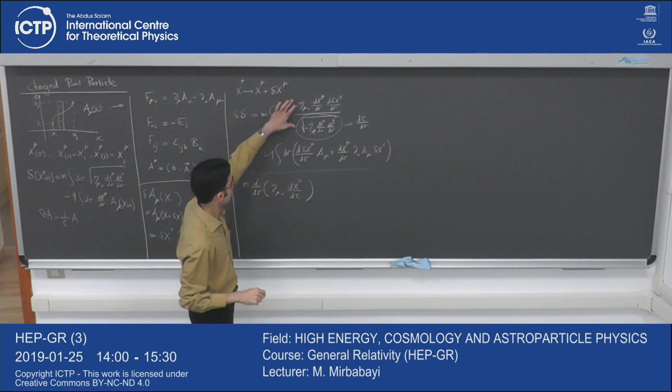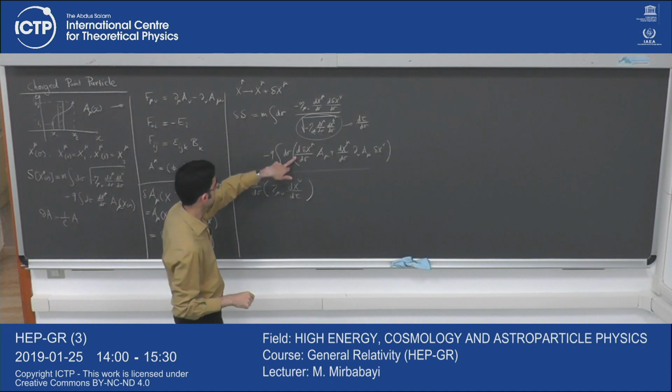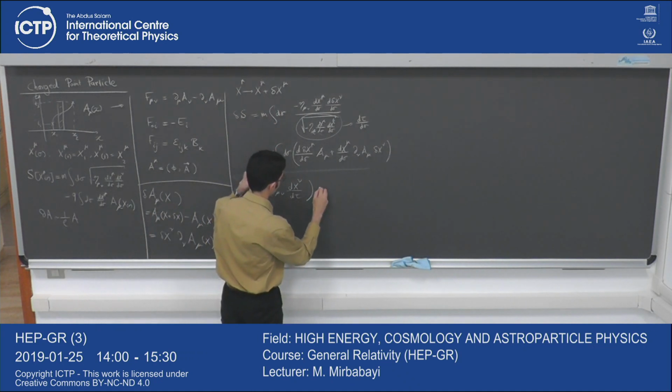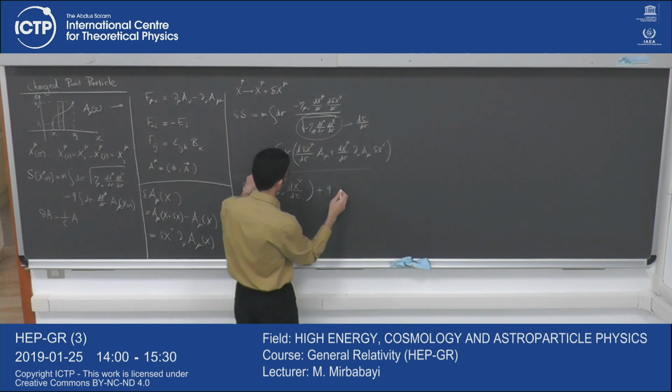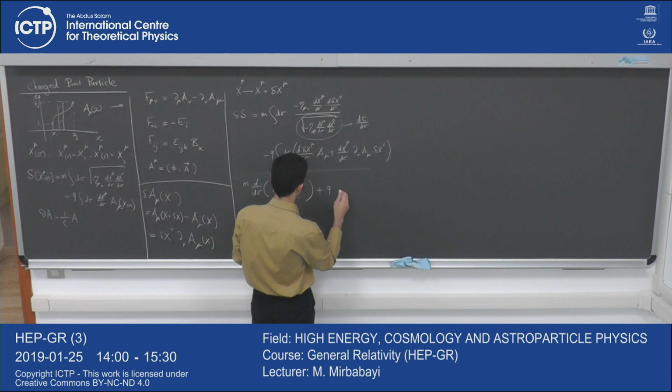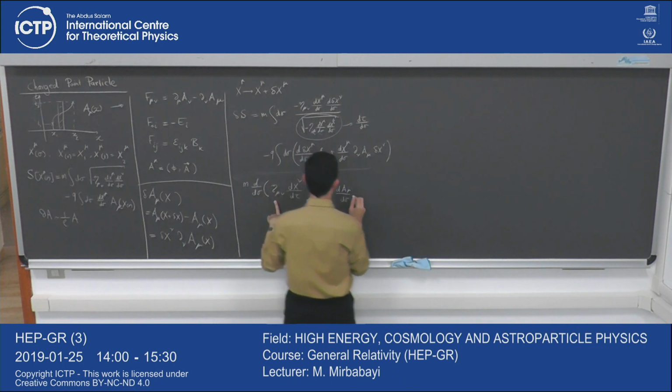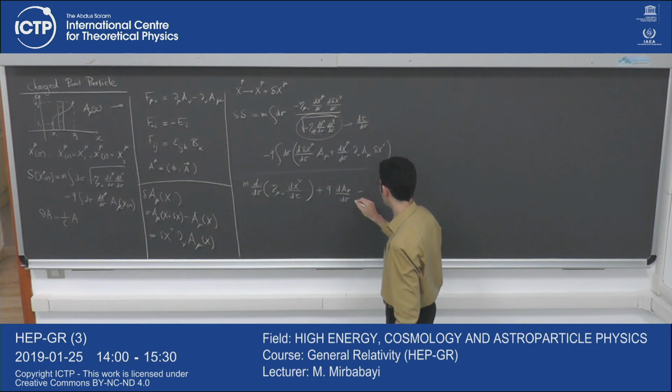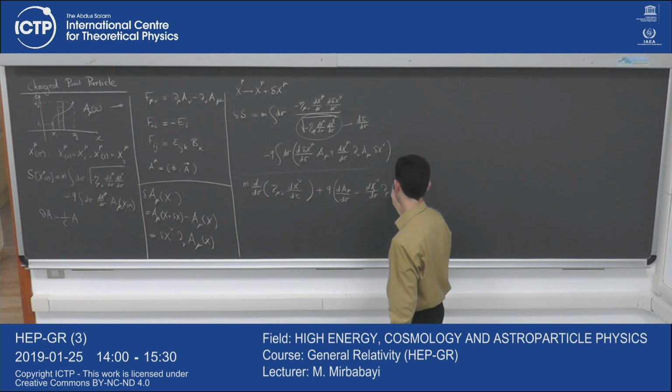Okay, so this is this term. Here I have to do a partial integration, so the minus sign will cancel. So I get q times dA mu d sigma, and here I will get minus dx nu d sigma d mu A nu equals 0.